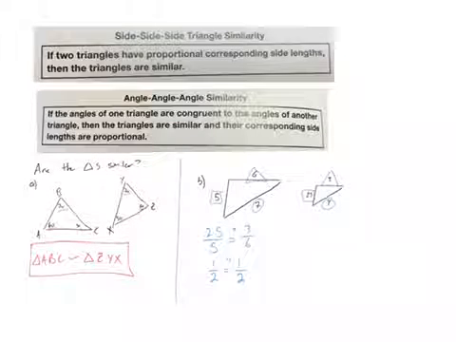However, notice whenever you use the longest sides, is this the same thing as 4 over 7? Well, no, not quite. If it was 3.5 over 7 or 4 over 8, then that would work. But this is not equal. So that means these triangles are not similar.